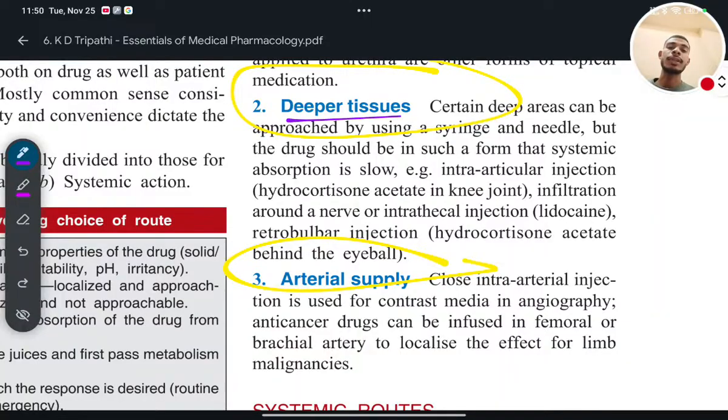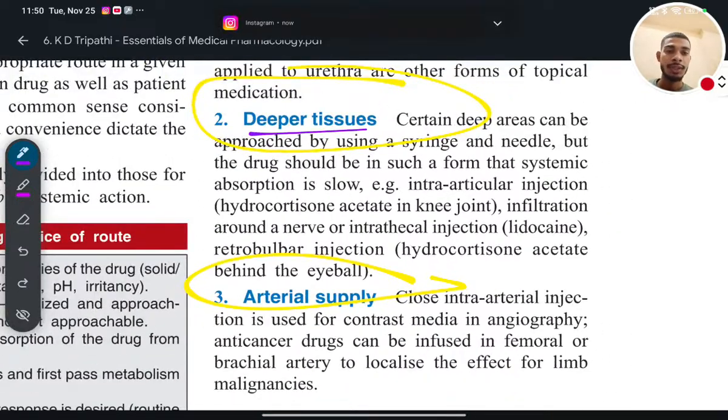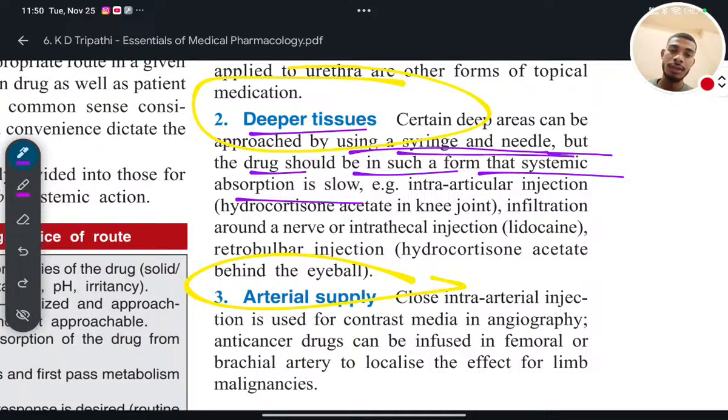Next, deeper tissue. Deeper tissue means you will inject or use the drug inside the deep tissue, such as knee joints and hydrocortisone. Using a syringe and needle, but the drug should be in such form that systemic absorption is slow. Example, intra-articular, bone joints, like hydrocortisone acetate in the knee joint.